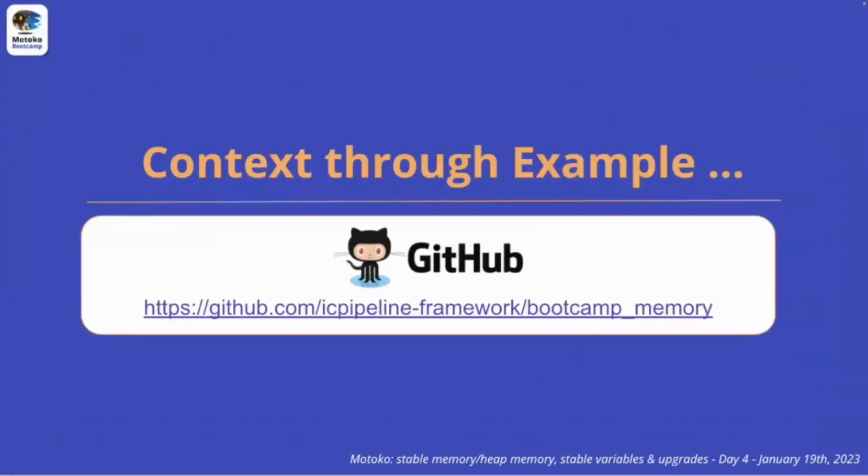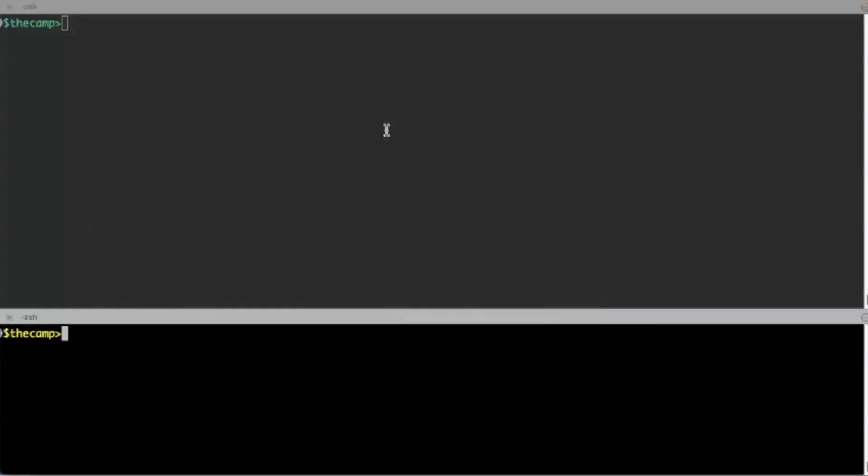Okay, so as we were just saying, we're going to go ahead and move over to the terminal and VS Code and take a look at some examples. I've created a public repository on GitHub called Bootcamp Memory, and that includes the code base that we're about to play with and take a look at. So with that in mind, we'll jump over to a terminal here. I've got a split terminal, basically two different prompts in the same folder.